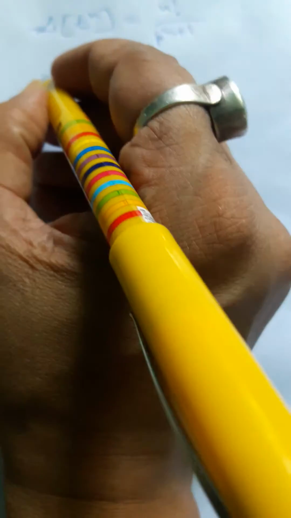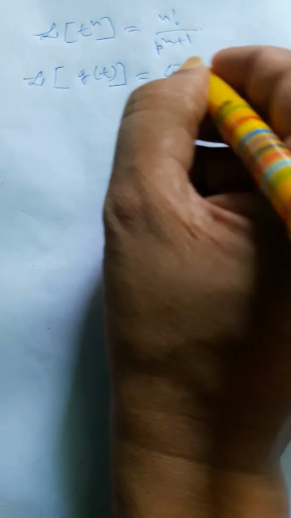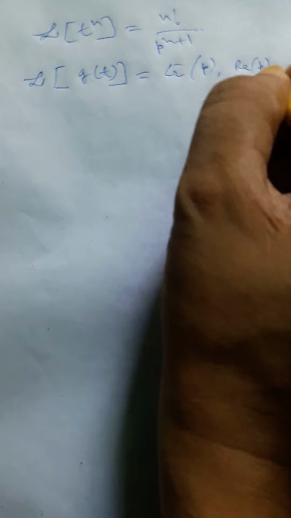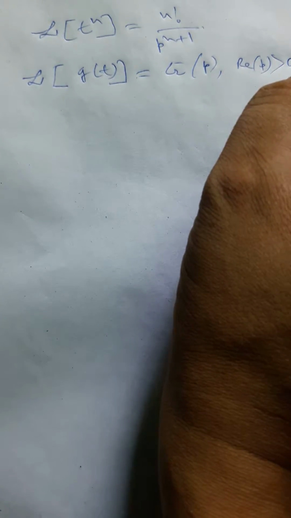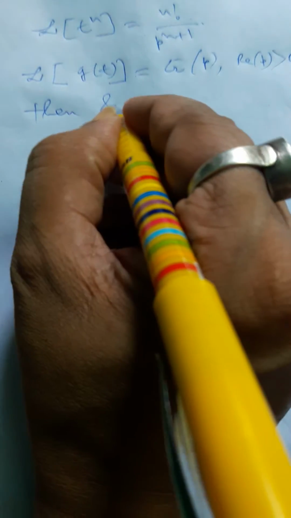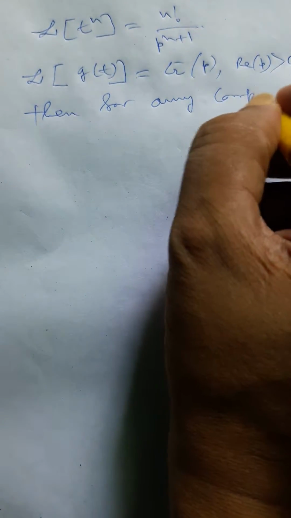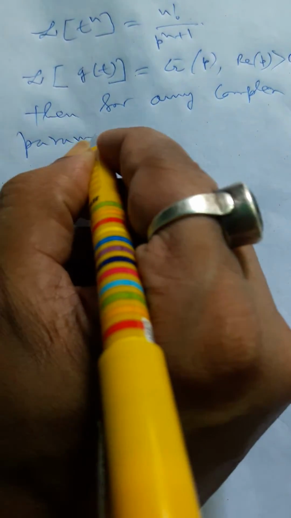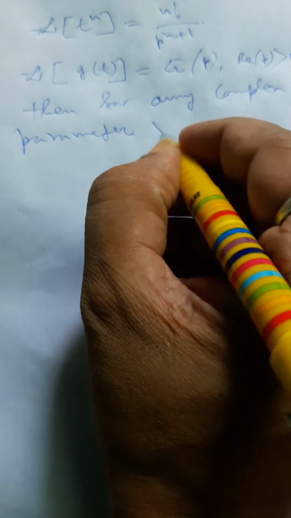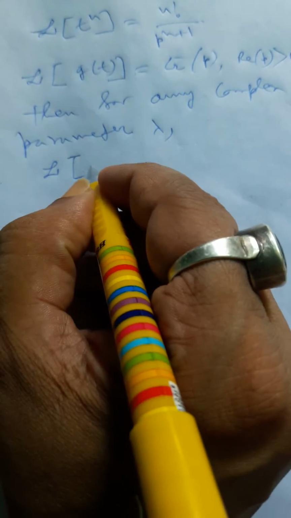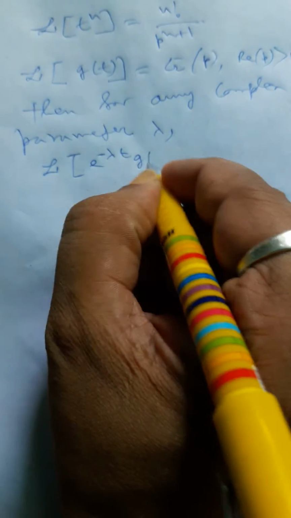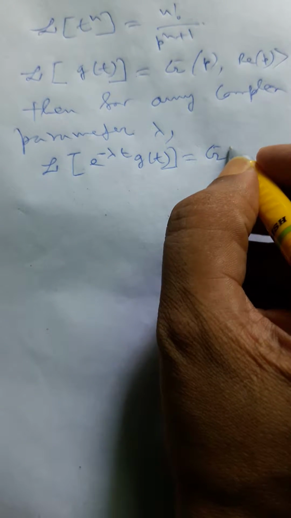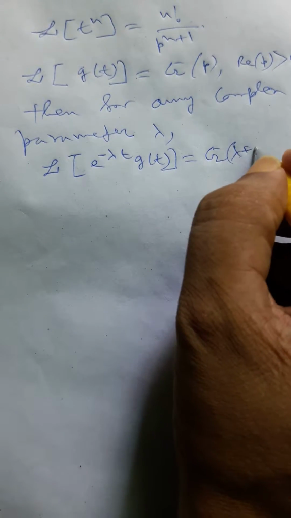the shifting theorem. The statement of this theorem, in a nutshell, is this: if the Laplace transform of some function g(t) exists, and it is G(p) for real p greater than some constant alpha, then for any complex parameter lambda, the Laplace transform of e to the power minus lambda t times g(t) will be equal to G of lambda plus p.